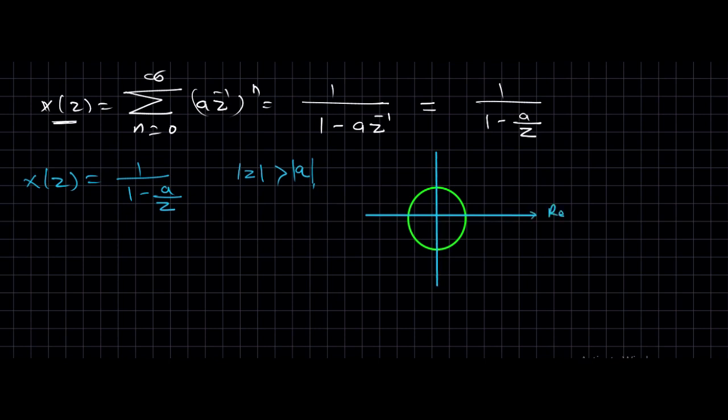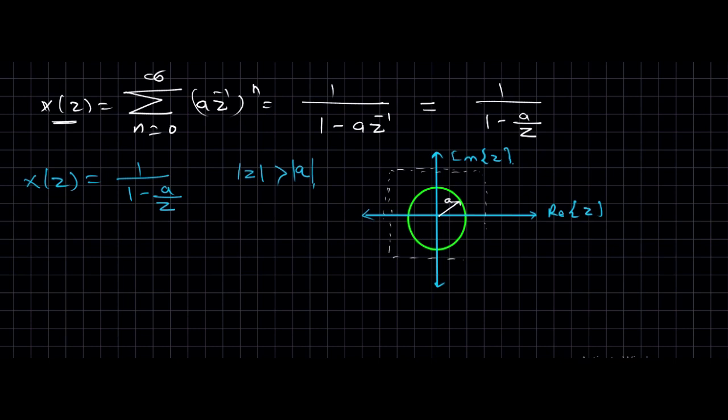Real part of z, imaginary part of z, so minus imaginary part and minus real part. This portion is a in this case. The value of z should be such that it is greater than the magnitude of a. It means the region of convergence will exist beyond this, not exactly this, but any higher value than this.